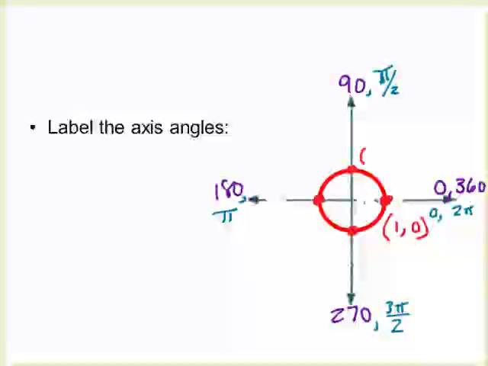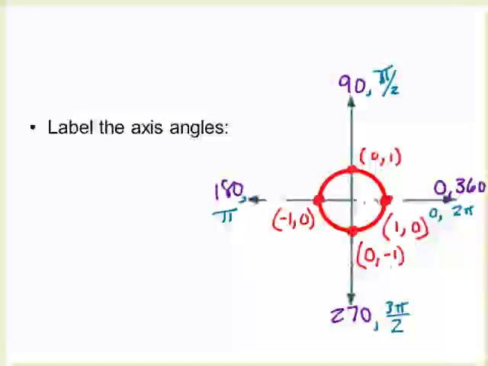Up at the top, that point would be over 0 up 1. Over on the left-hand side, that point would be back 1 up 0. And at the bottom, that point would be over 0 down 1, just like plotting those points x comma y in algebra.